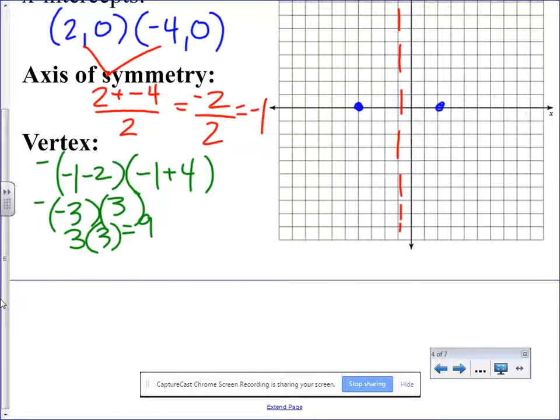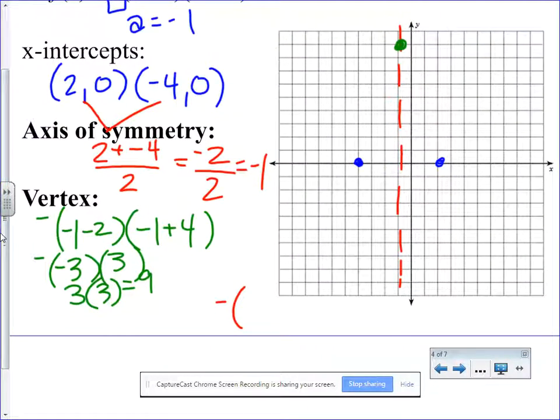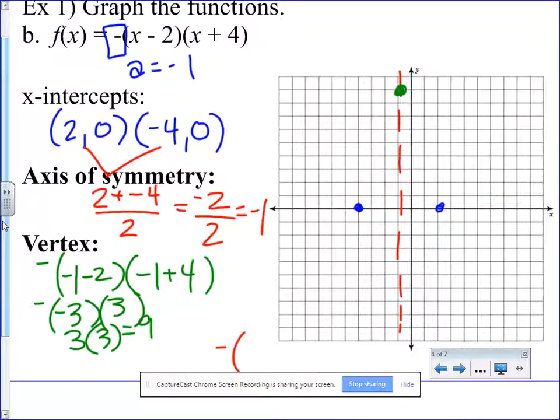And then I like to do one more point to really make sure I can accurately graph my parabola. So I'm going to plug in 0. So negative 0 minus 2 times 0 plus 4.